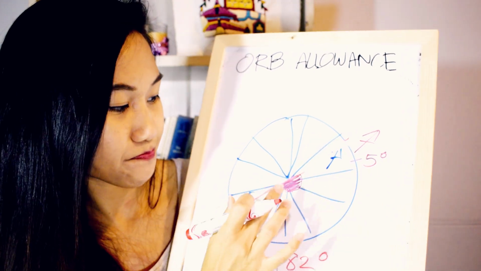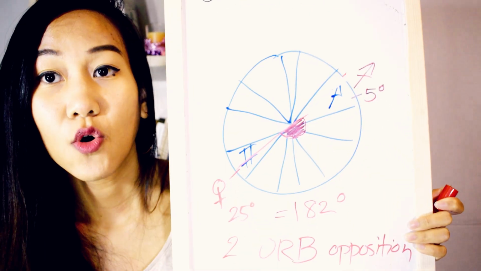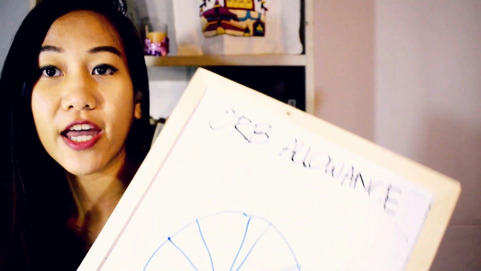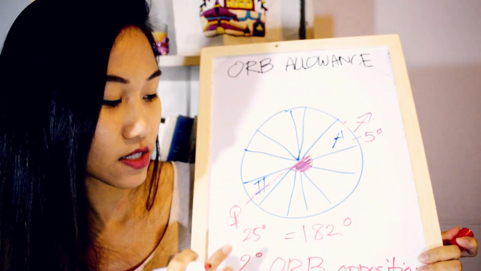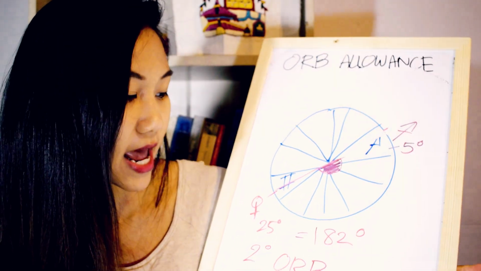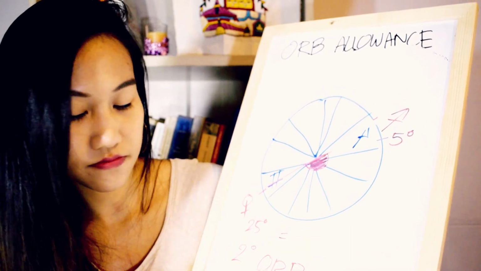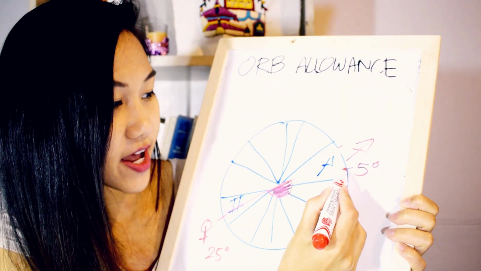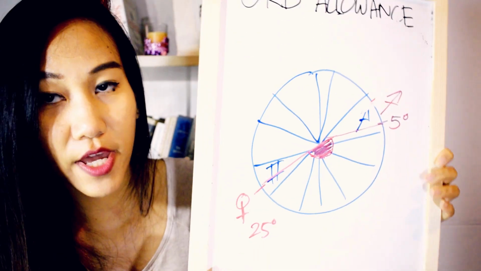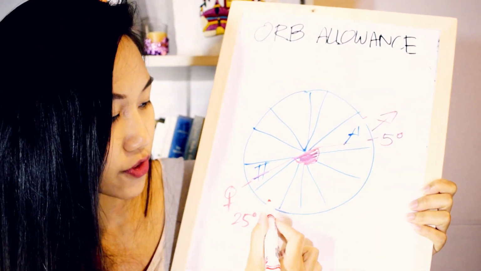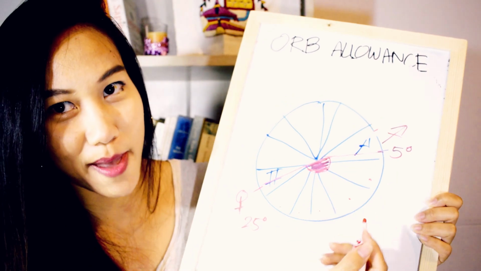Would we still have an orb? If we look at the chart, when we subtract everything, we need to find the angle over here and subtract 30, 30, 30, 30, 30, you do the math, right?